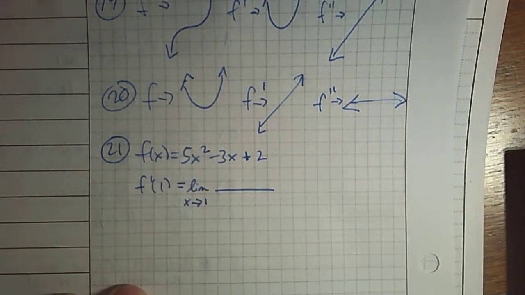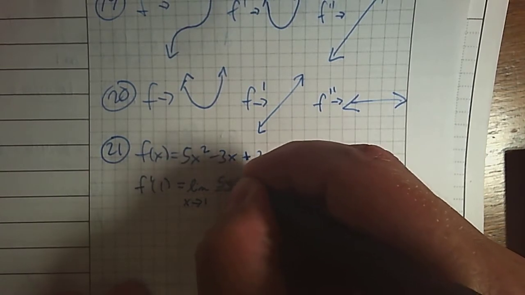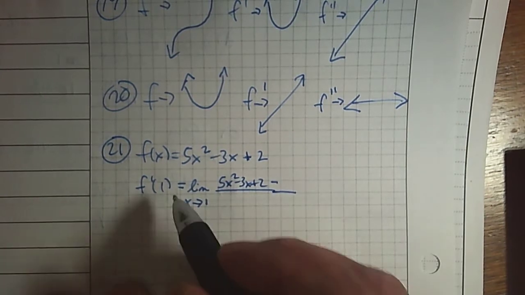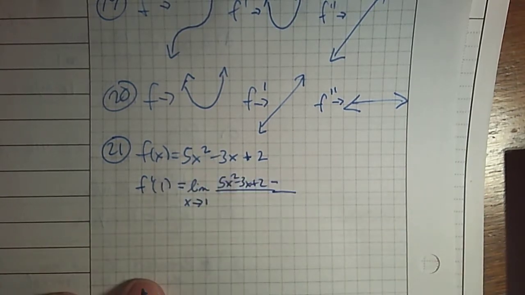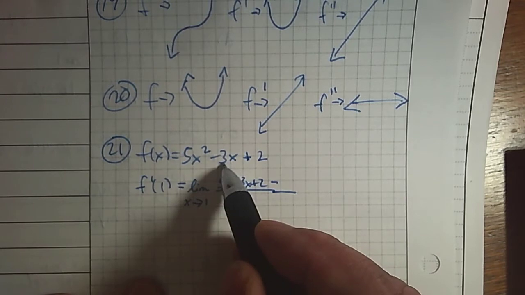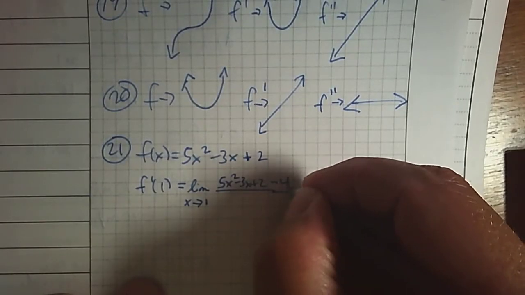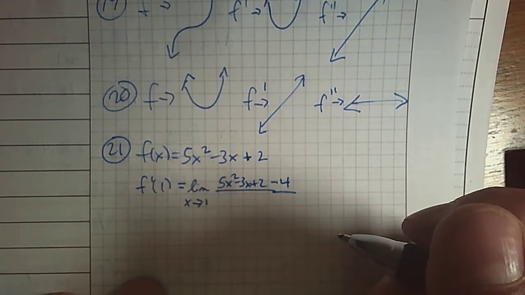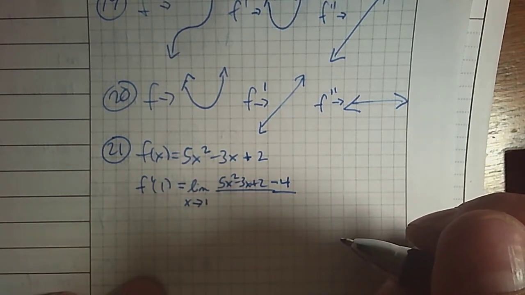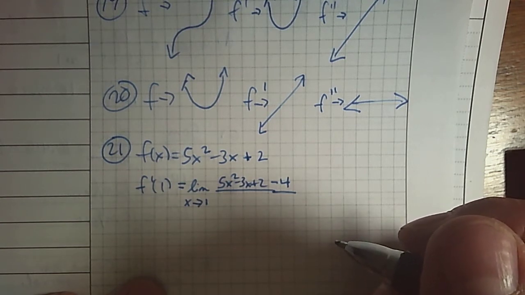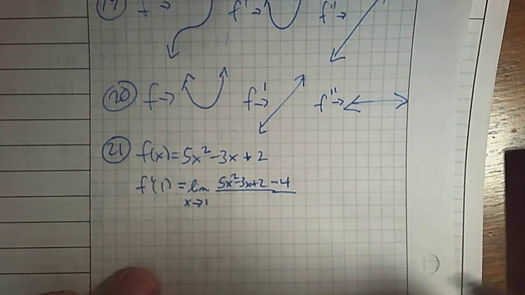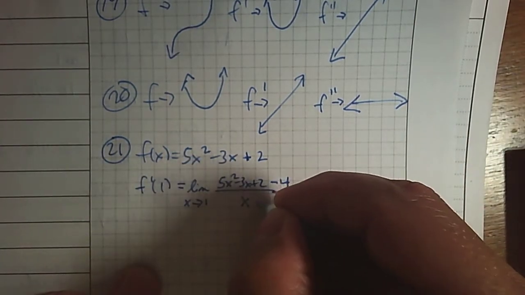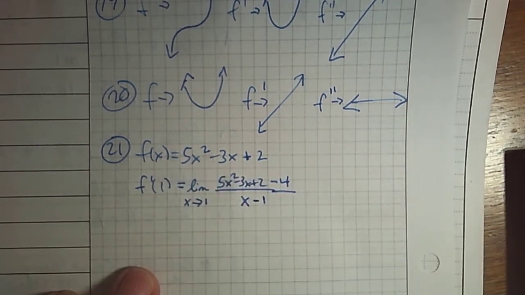Then it's f of x, which is 5x squared, subtract 3x plus 2, subtract, and now I actually plug 1 in and get a number. So when I plug 1 in, it's 5 take away 3, 2 plus 2, so that's 4. And that's all over x subtract 1. So that's what I'm looking at.